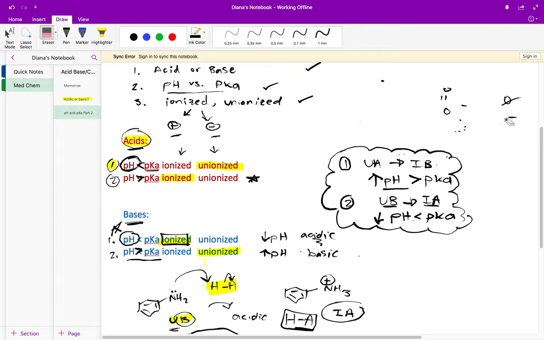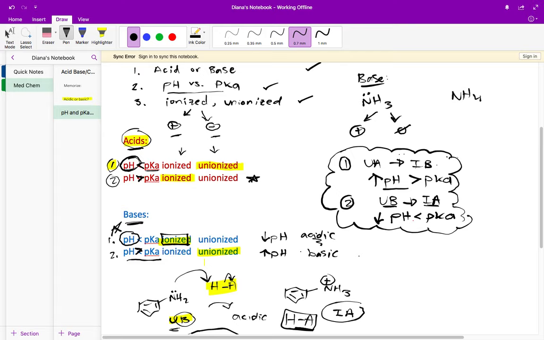All right, and then let's summarize with bases. With a base, right? Let's say NH3. That base is either going to have a positive form when you put it in an acidic environment or a neutral form when you keep it in a basic environment.